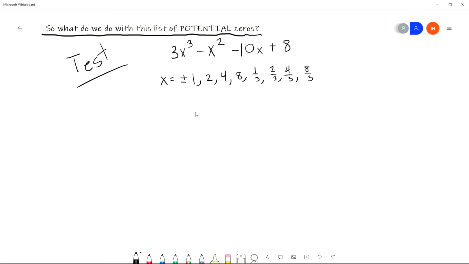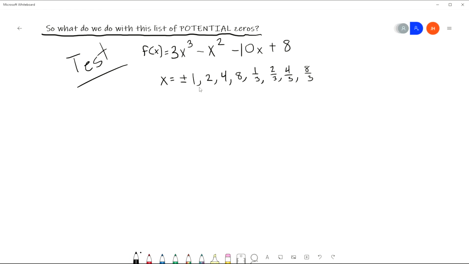The zeros of a function, or a polynomial in this case, are the values of x such that f of x equals 0. It's just what do I plug in here in order to make the whole thing 0.